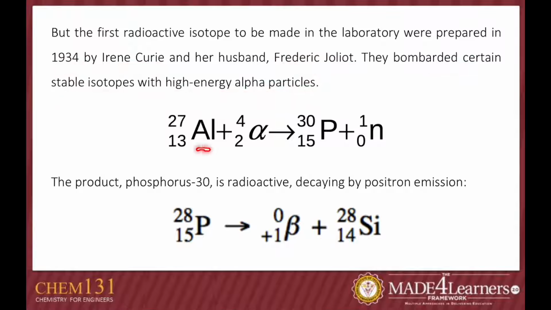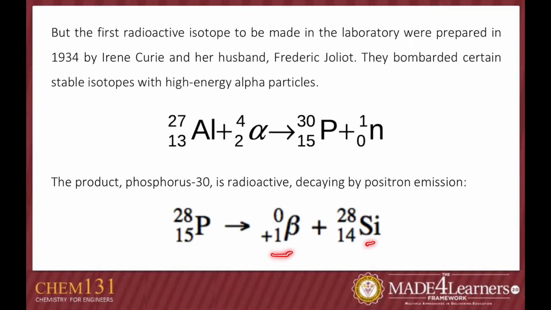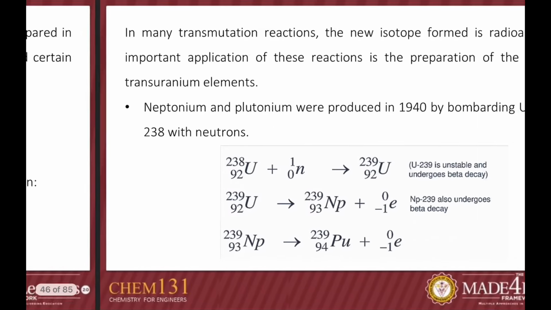So stable aluminum-27, bombarded with an alpha particle, produces phosphorus-30 plus a neutron. The phosphorus-30 is a radioactive isotope and it will still undergo decay. So it decays by positron emission, producing silicon-28.